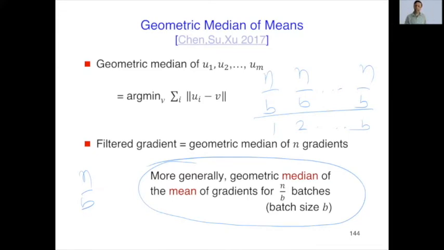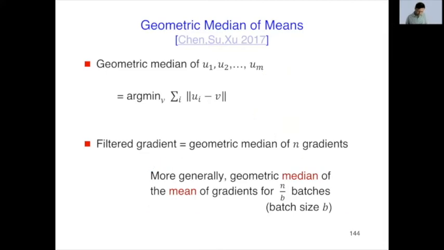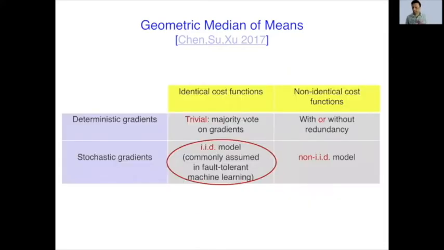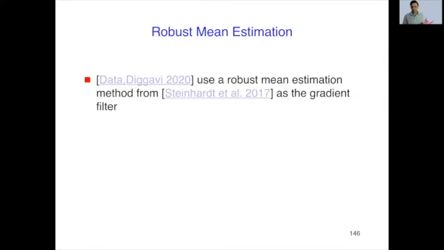And then we take the geometric median of that. This has been applied for the setting of stochastic gradients, where the agents produce stochastic gradients from an IID distribution. And there are many more filters by now. Here is a pointer for one of them that uses a robust mean estimation method that was proposed previously, but applies it in the context of distributed fault tolerance.